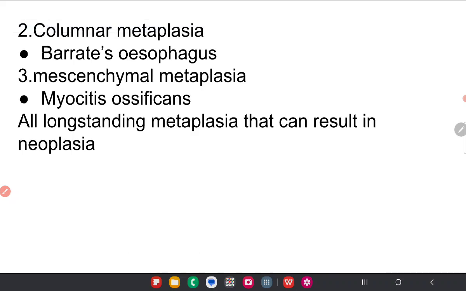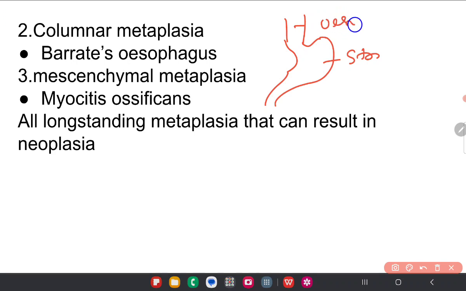Columnar metaplasia is nothing but Barrett's esophagus. This is important, so listen carefully. In Barrett's esophagus, let me take a diagram of the GIT: a stomach and the esophagus.